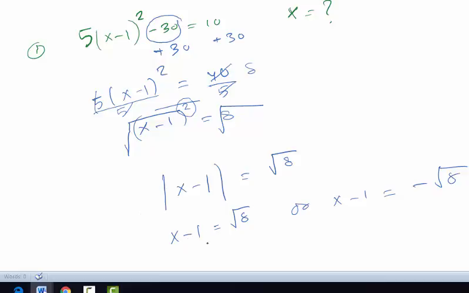So we can get x equals square root of 8 plus 1, or x equals 1 minus the square root of 8. So that's the answer. That's how we simplify equations.